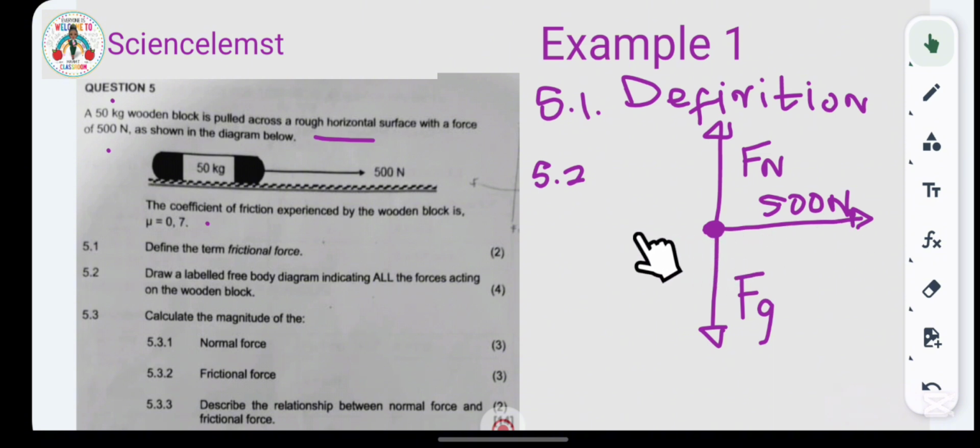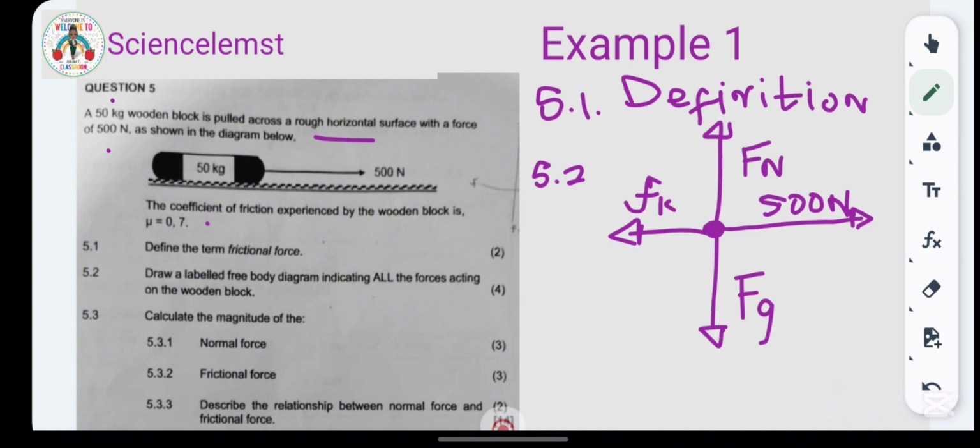That means frictional force must go in the opposite direction. And please keep in mind, frictional force, the arrow is always shorter, and this will be called Fk. So why do you think I labeled the frictional force as Fk?